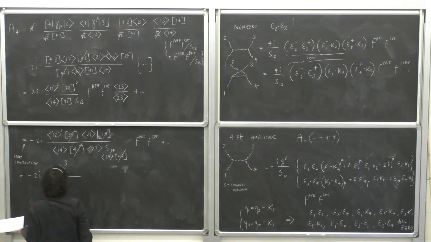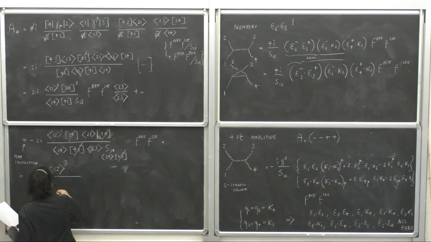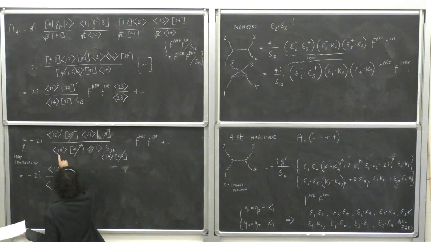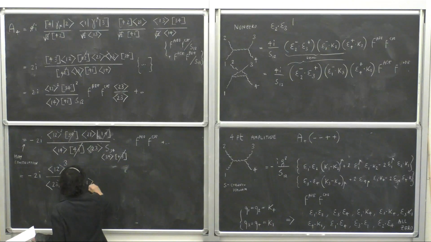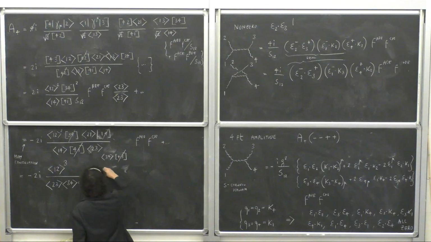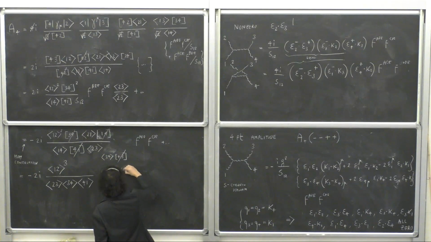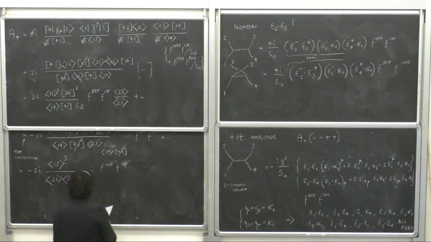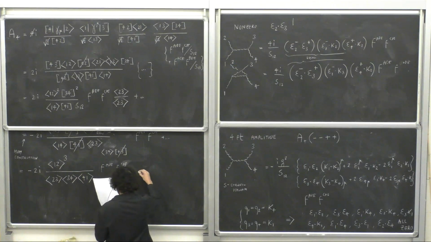Keeping this, there's a minus sign, and then there is ⟨2 3⟩, ⟨3 4⟩. Let's keep a cyclic ordering, so we flip the sign also for this. F^{ABE} F^{CDE}. Okay. Plus a second term.